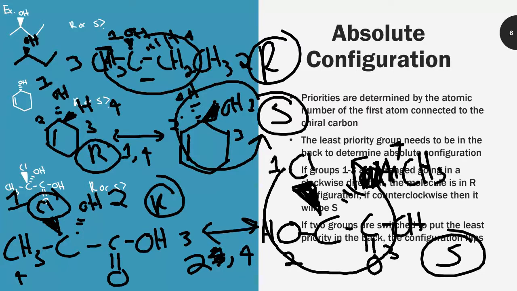Okay, so let's pretend these are 1, 2, 3. If 4 is in the back, then you're only paying attention to this. So that's why we ignore 4, because the carbon to 4 bond is your axis of rotation. Does that make sense? Like a steering wheel. If you remember him doing that in class. So that's why you ignore 4 if it's in the back.